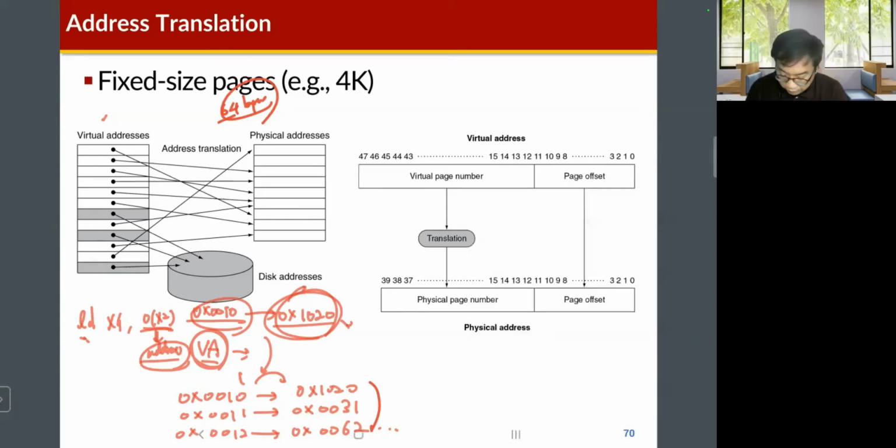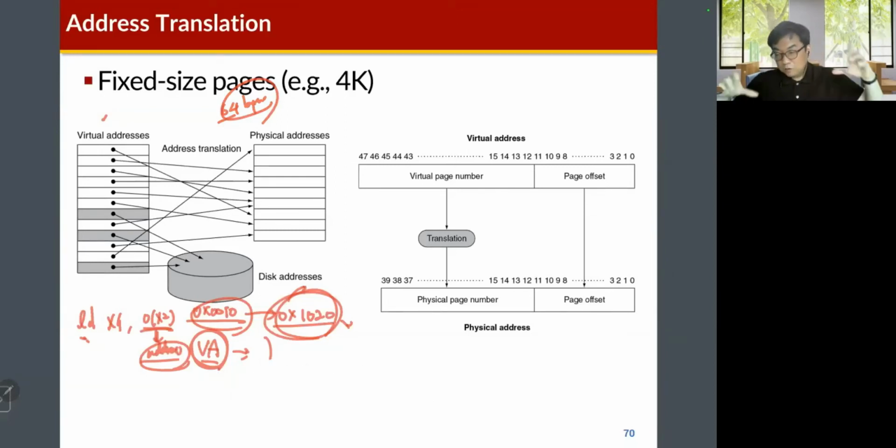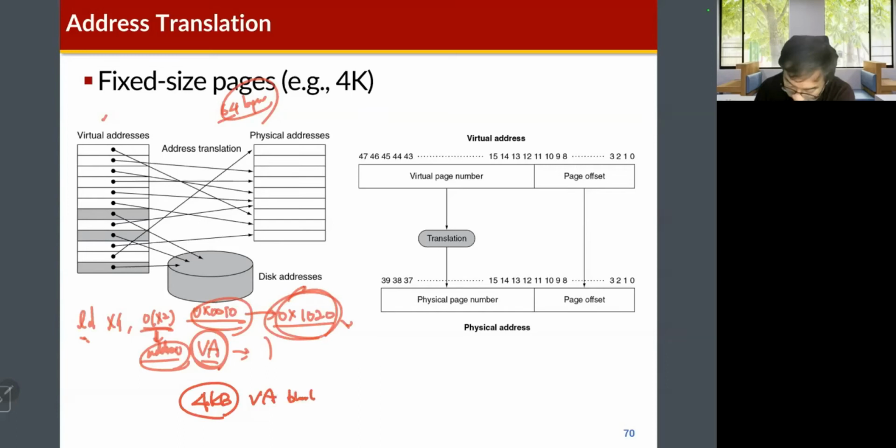So when translating the virtual address to the physical address, we just translate a large chunk of the virtual address into the same size chunk of physical address. Which means we can translate a 4 kilobyte virtual address block into a 4 kilobyte physical address block.